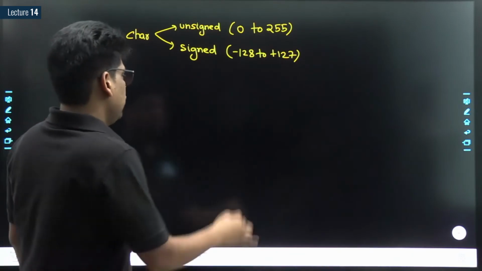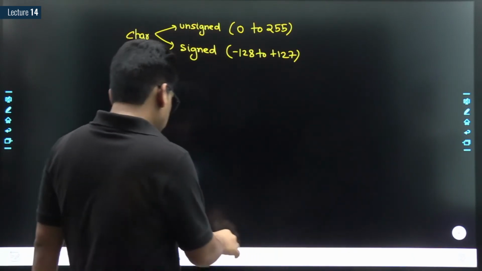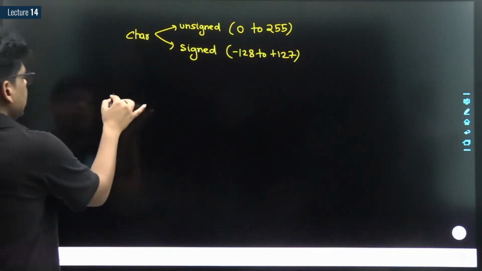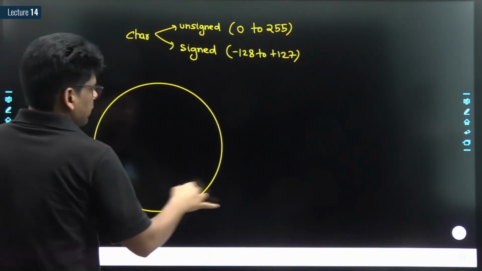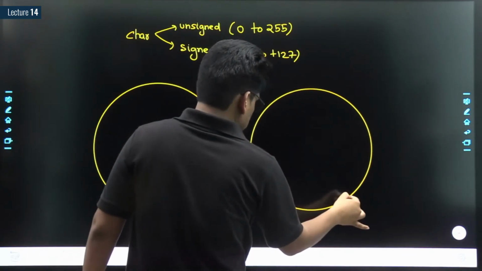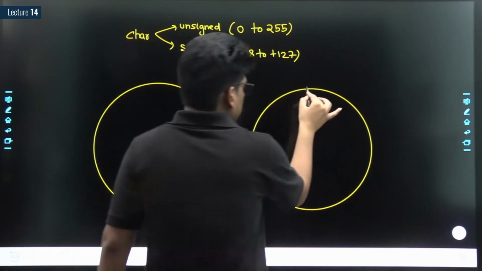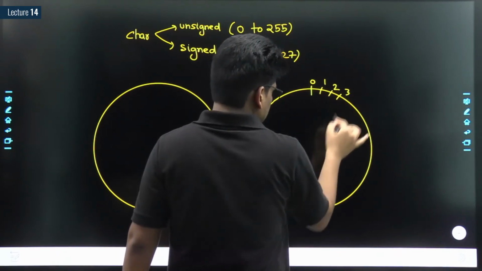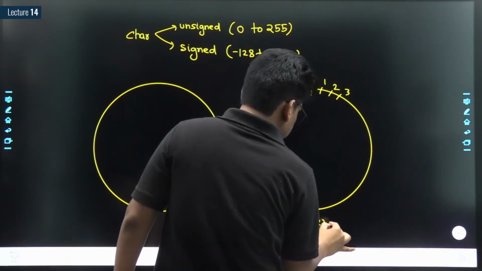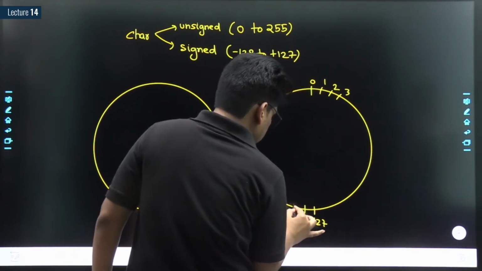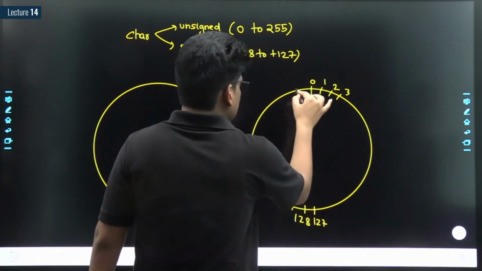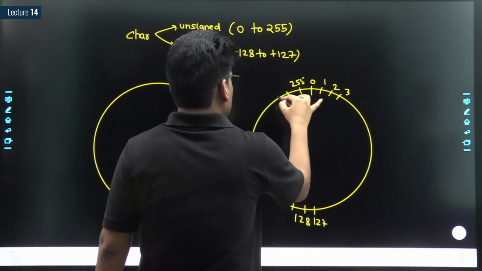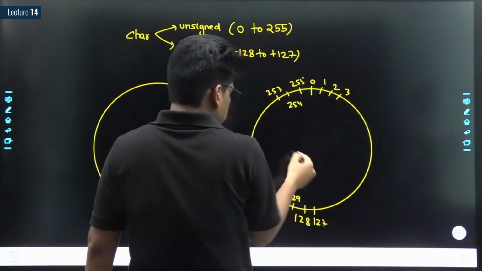We have already discussed something called the cyclic property. Again, let me revise because we need it a lot. We have 0, 1, 2, 3, up to 127, 128, 129 and so on, 255, 254, 253 and so on.